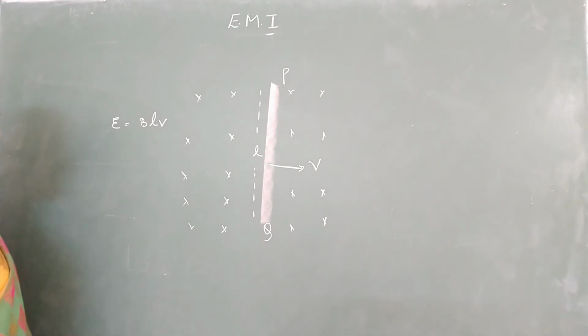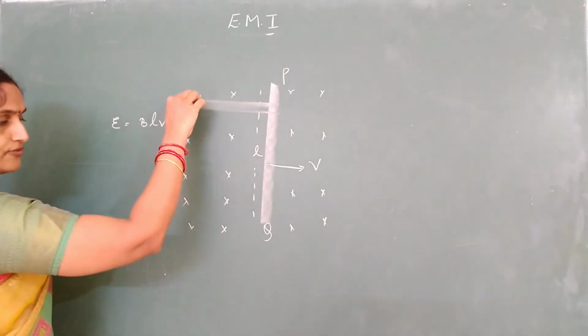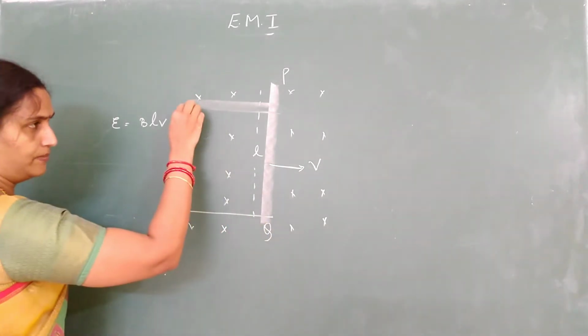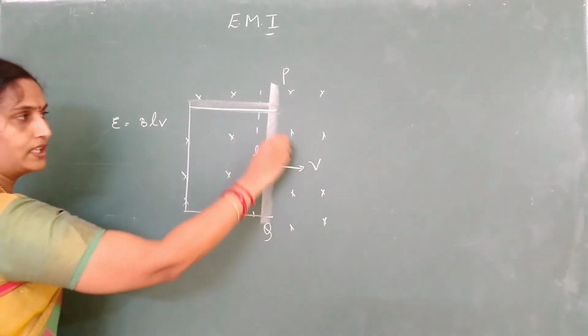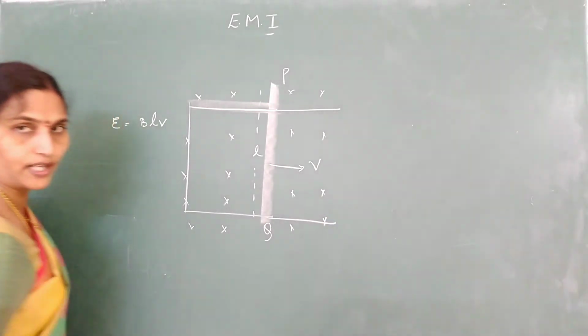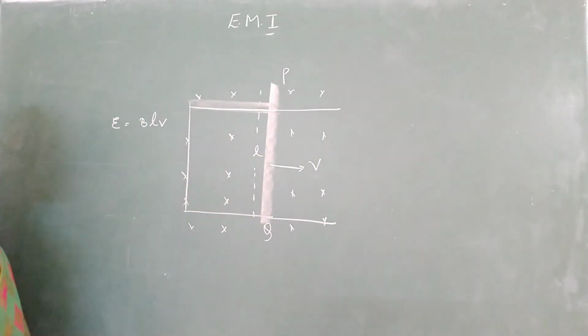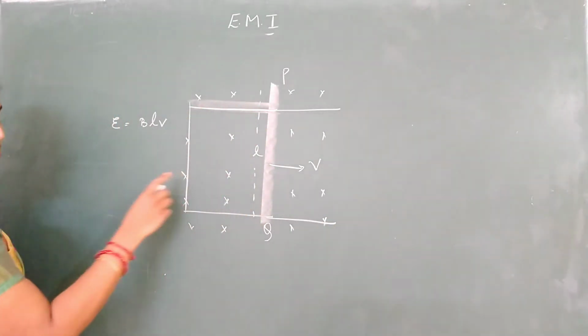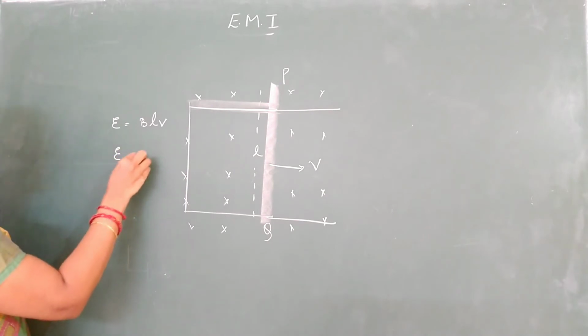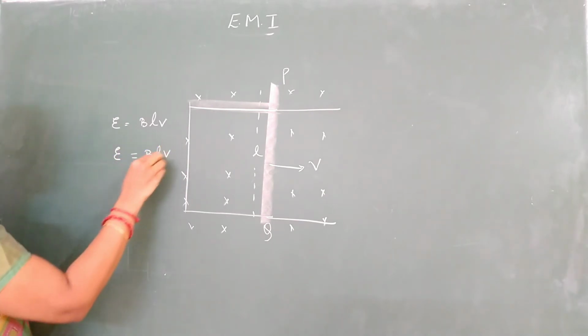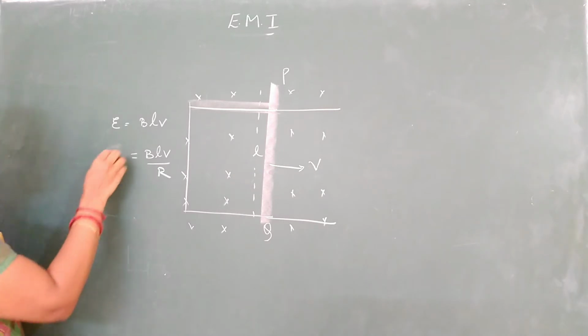And how to identify the direction of induced current? If I keep this rod on a metal frame, and you are moving it on this long metal frame, there will be current induced in the loop. If the total resistance of the loop is R, how to write the induced current?